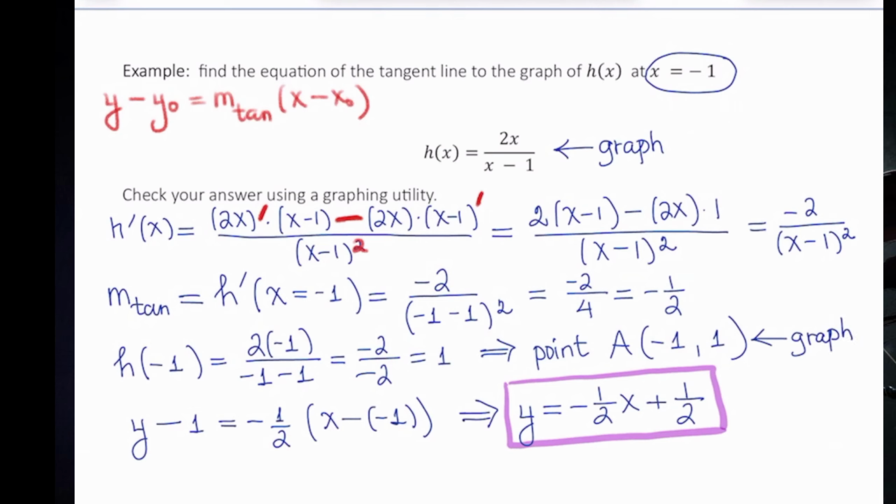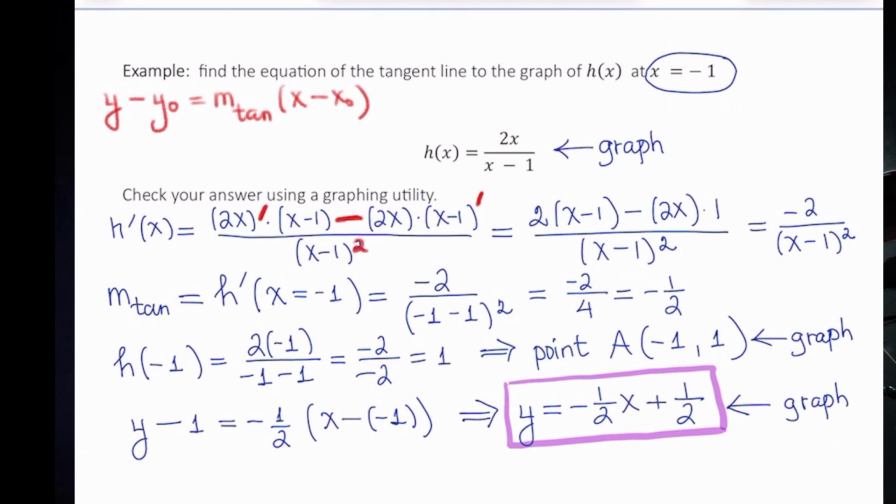It should be on the graph. And then graph this equation right here, this line, and see if it is tangent to the graph at that point A. So that's one way to check your work with a graph, and I encourage you to do it. Okay, so that's our example where we find the equation of the tangent line.